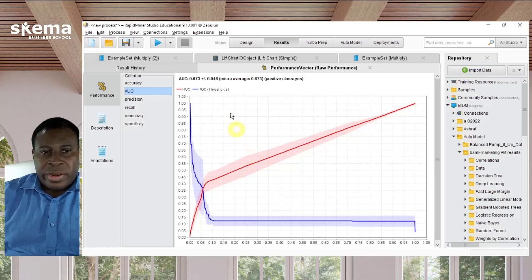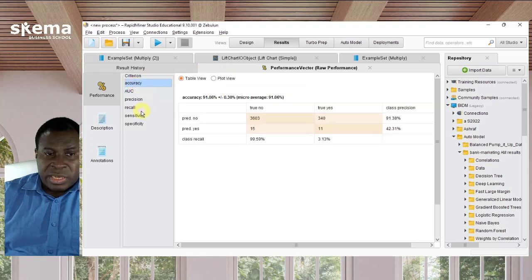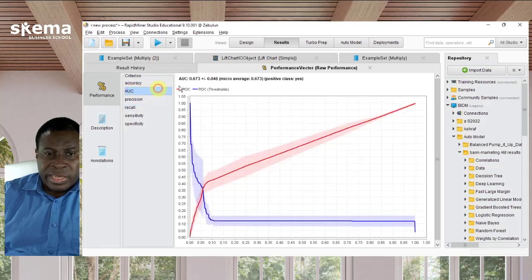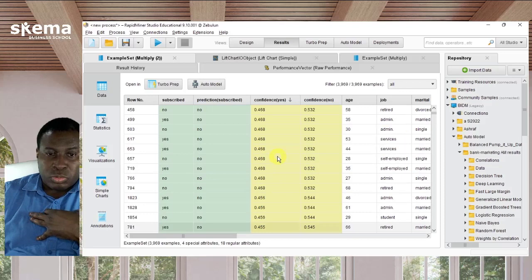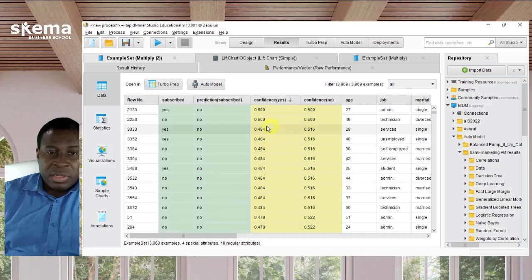It's not that it gives one number, because 0.673 is actually not that bad, even though the recall is so bad. The problem with this model is that it essentially set a cutoff at 0.05 to determine trues or falses, which is a default, but that's not a very good cutoff in this case.